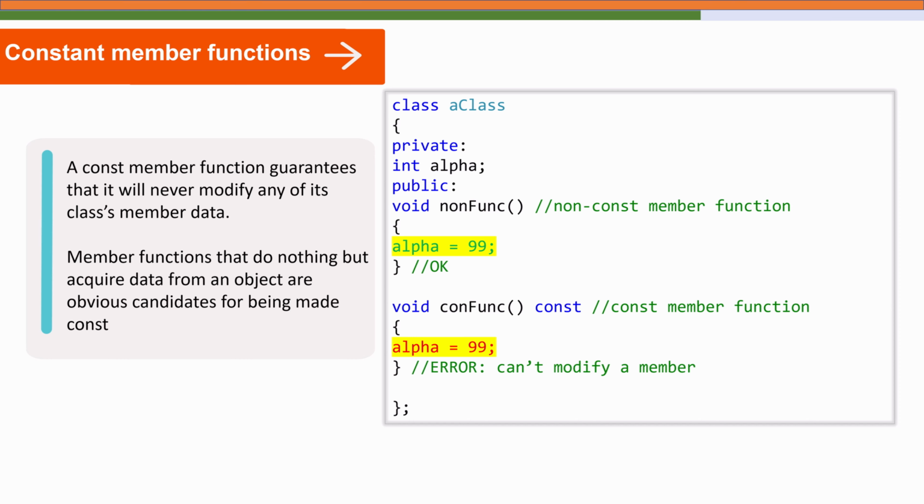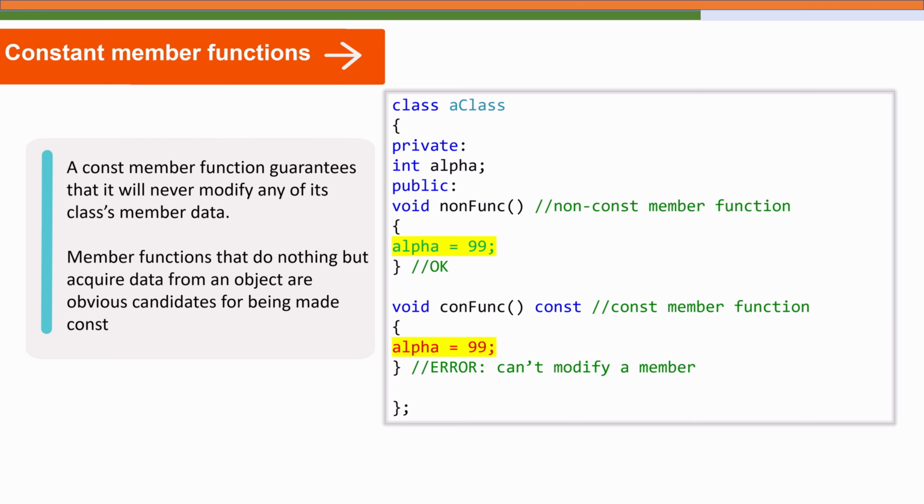So let's look at a quick example. You can see in the example, the first function is not constant, but the second function is made a constant member function. Our data member is named alpha. In the first function we can easily update the value of alpha to 99, and nothing stops us and there is no error.